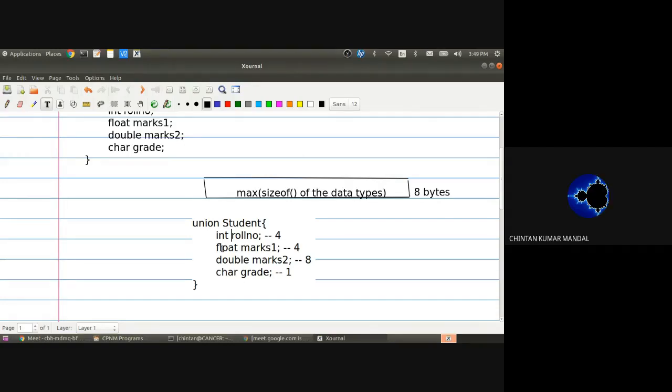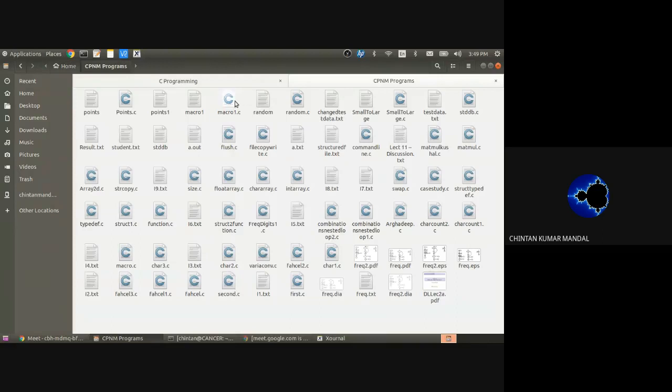Let's take a very simple example. Let's take up this example only.